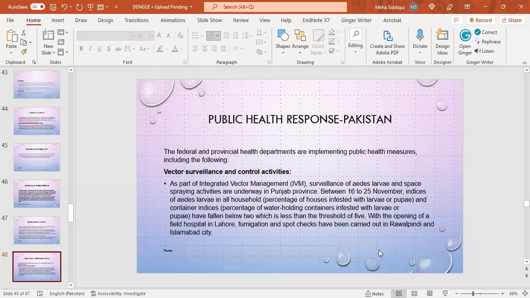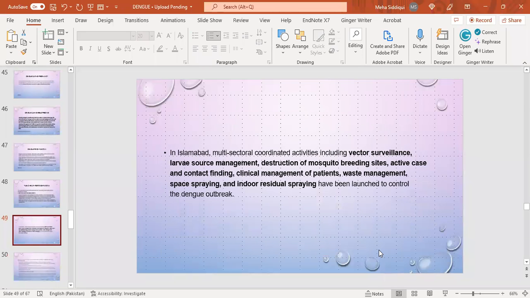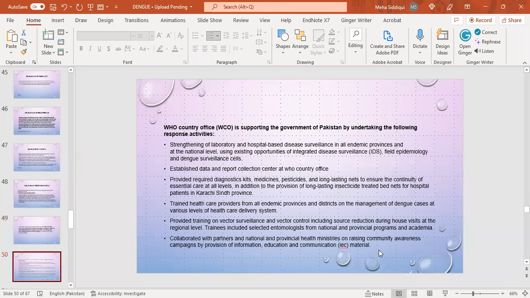With the opening of a field hospital in Lahore, fumigation and spot checks have been carried out in Rawalpindi and Islamabad city. Multi-sectoral coordinated activities including vector surveillance, larva source management, destruction of mosquito breeding sites, active case and contact finding, clinical management of patients, waste management, and door residual spraying have all been launched to control the dengue outbreak.